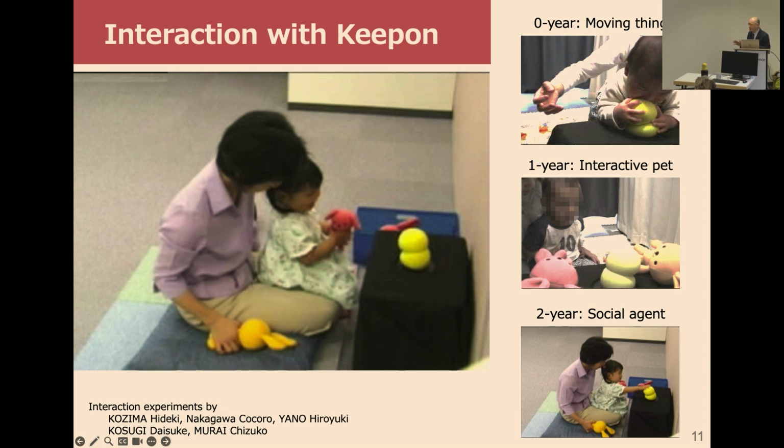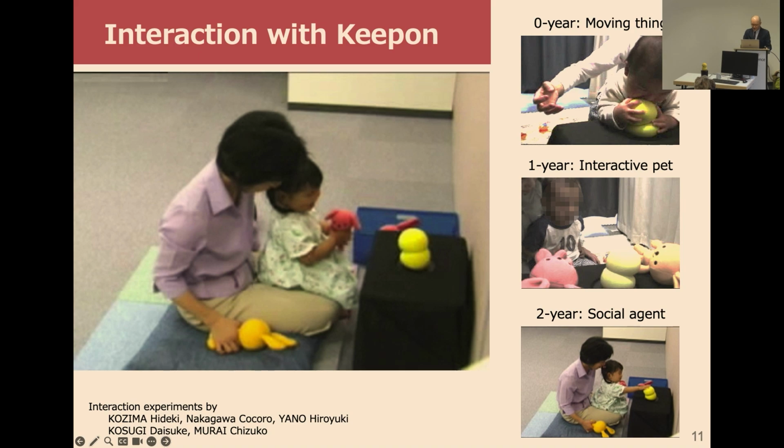Not only social behavior, but as if Keepon is a younger sister or younger brother. Actually, this 27-month-old girl took care of Keepon, okay? And plays or sometimes scolds. So this is really, really interesting. So from the responses of the children, we can approach the internal recognition inside the children.